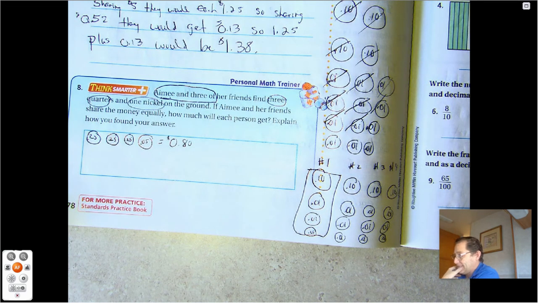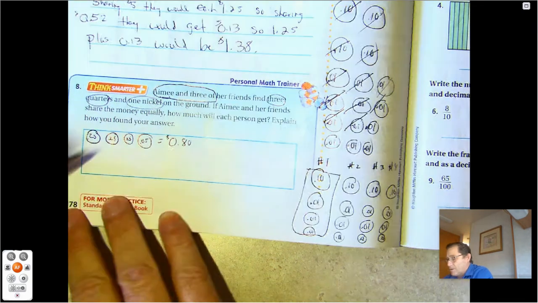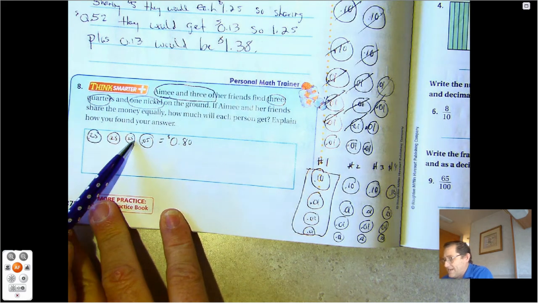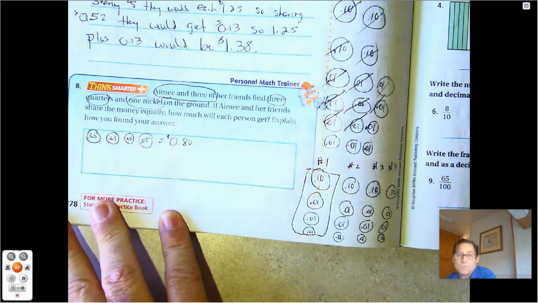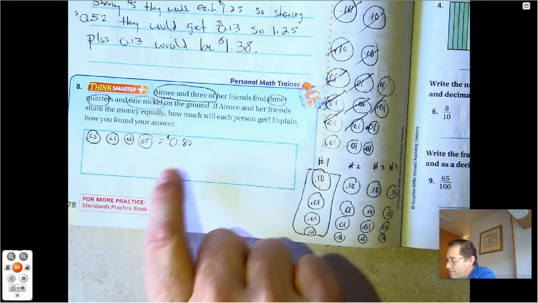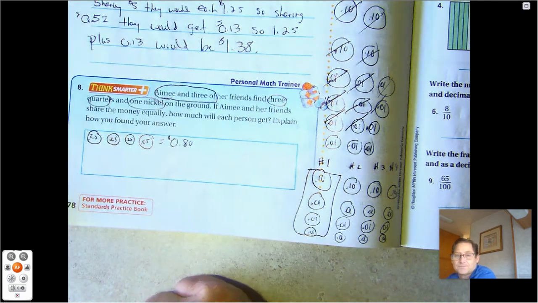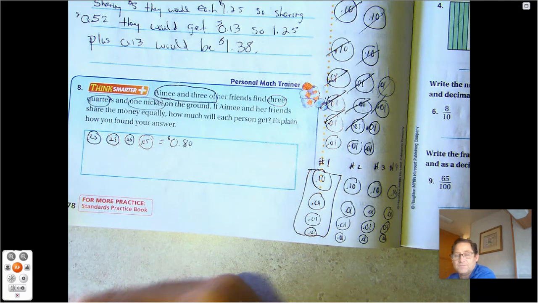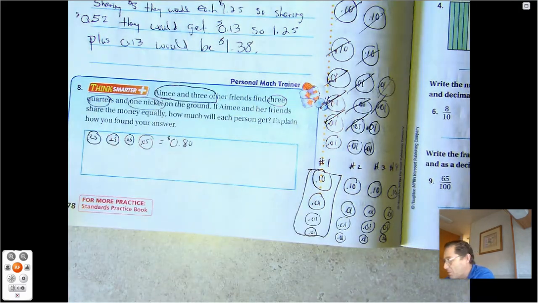They want to share the money equally. So 80 cents, and there's 4 girls. So what I'm getting at is these 3 quarters, I can't share those equally with 4 people. So is there another way of writing 80 cents as just a way of sharing them equally with 4 people?